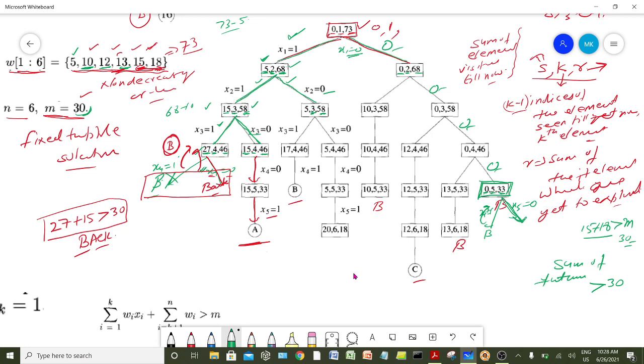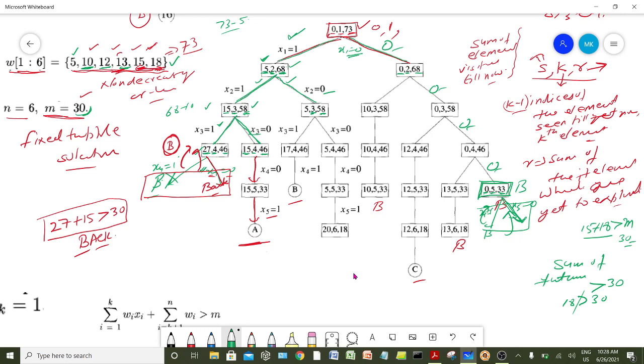Now just try to map it to the current case: if x5 is equal to 0, meaning 15 was not included, then only one item was remaining, that is equal to 18. So the sum of the remaining items was not equal to 30 in this case, so this will again be backtracked, and these two being backtracked, this is compulsorily to be backtracked.